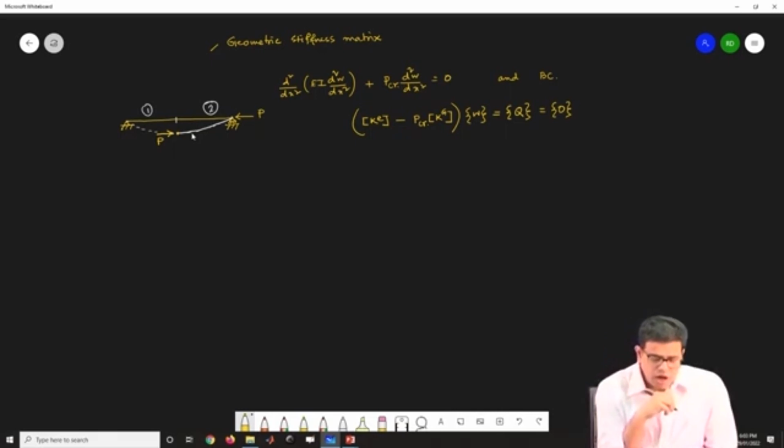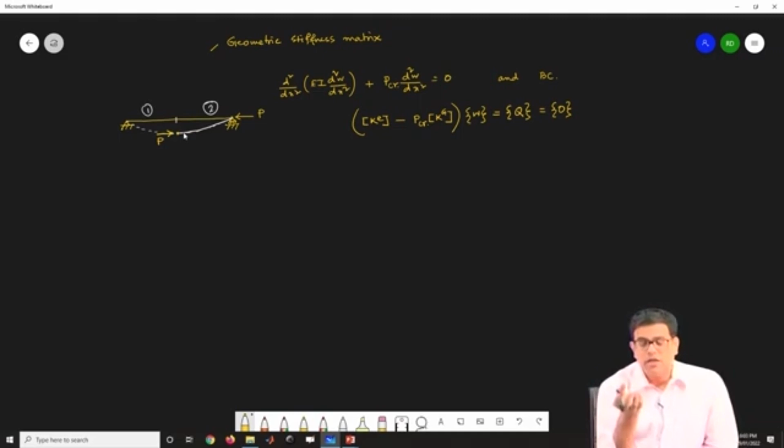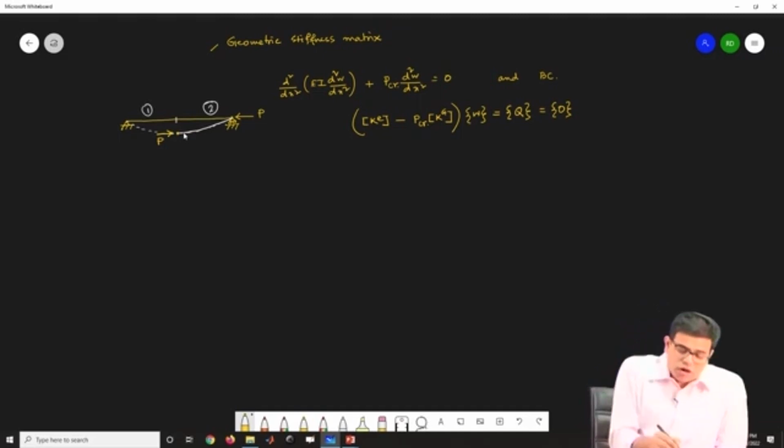So, now I can consider only one element, one element equilibrium equation. Now you also know the boundary condition for this.